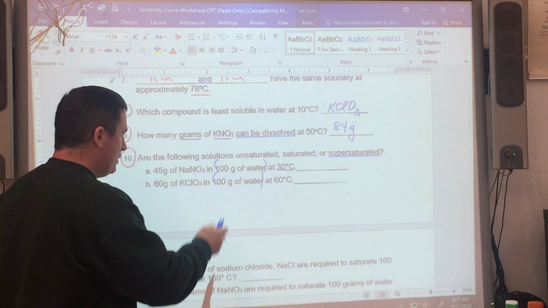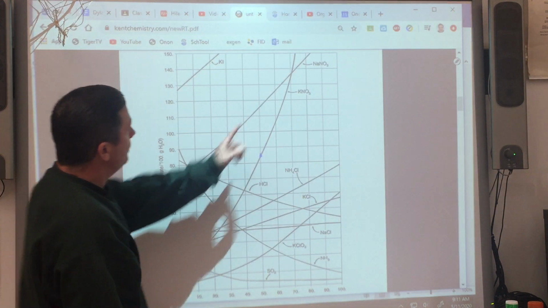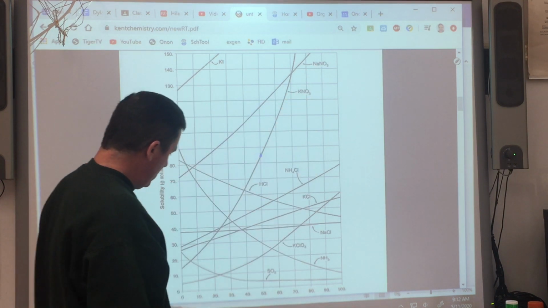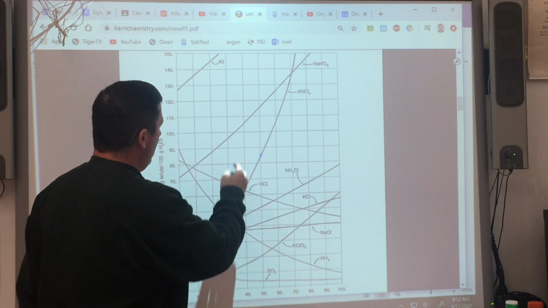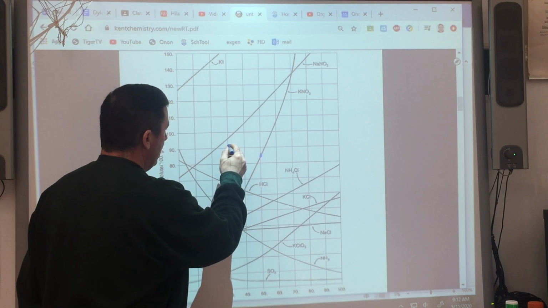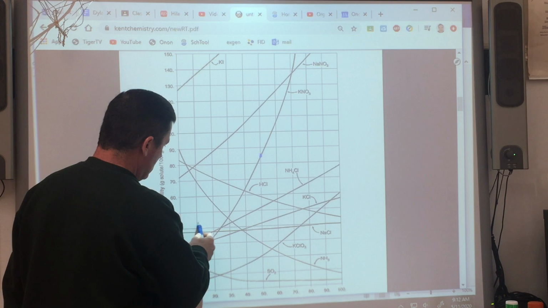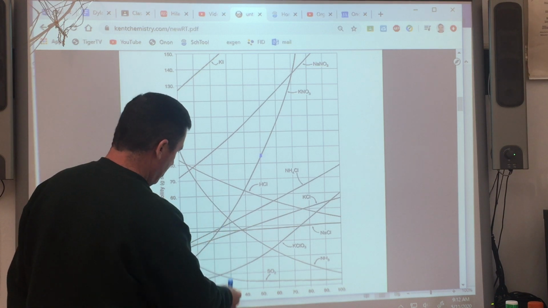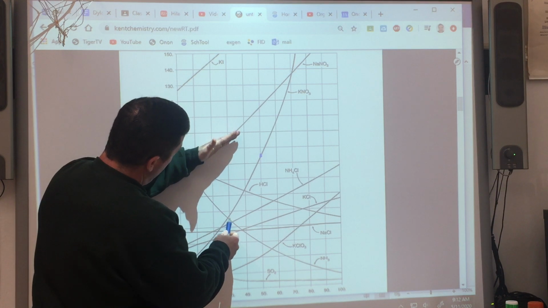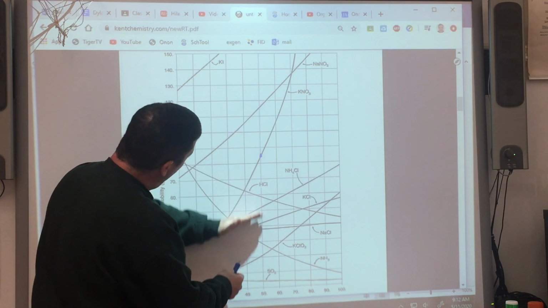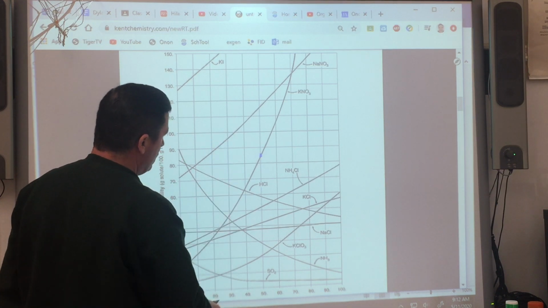So 30 degrees, sodium nitrate. Here's sodium nitrate, here's 30 degrees, okay? And then my last piece is 45 grams. So 45 grams is here, 30 degrees. This dot here is below the line. If it's below the line, it is unsaturated.